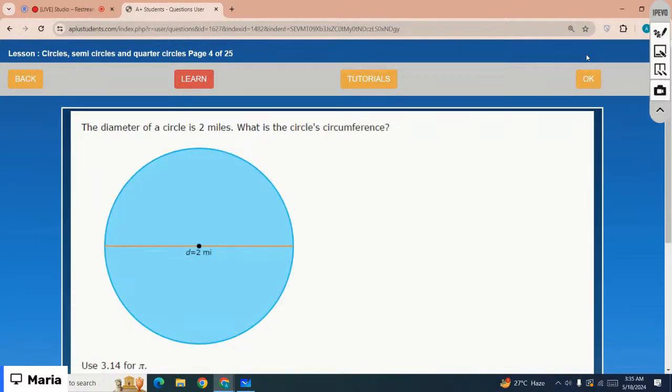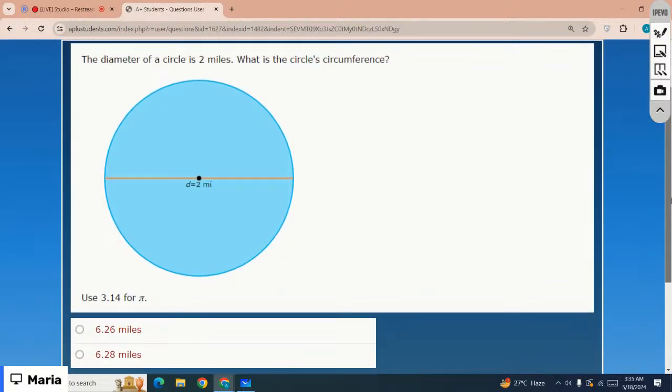The diameter of the circle is 2 miles. What is the circle's circumference? Which is the correct option?